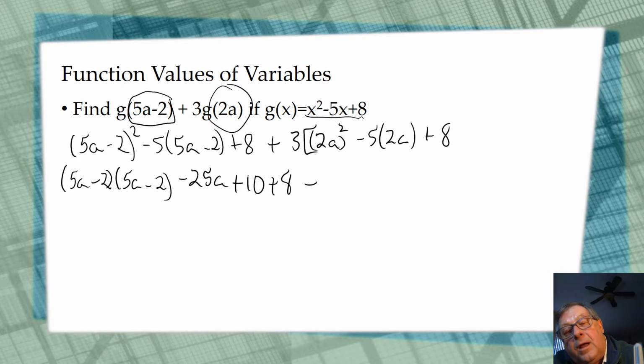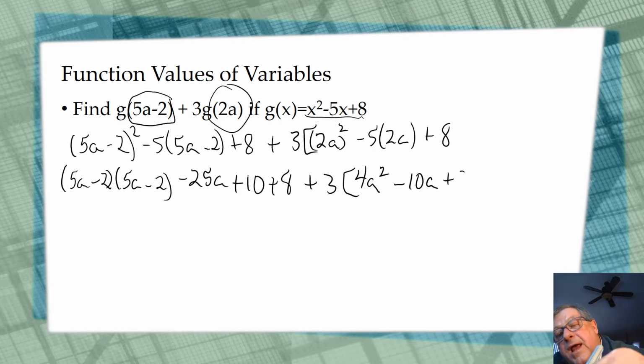And then I got a plus 3 times, let's see, 2a squared is 4a squared. Squaring 2a gives me 4a squared. And negative 5 times 2a is going to give me negative 10a plus 8. And I'm going to have to come back and multiply all of that times 3.